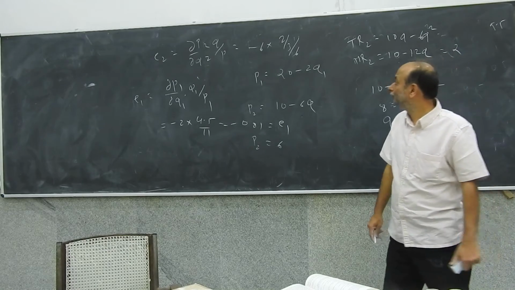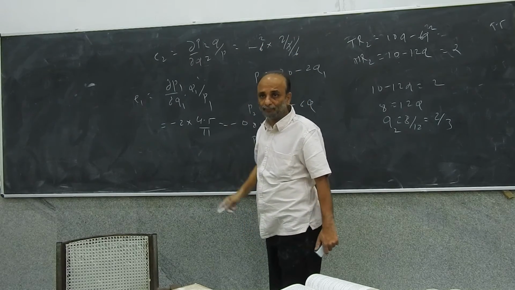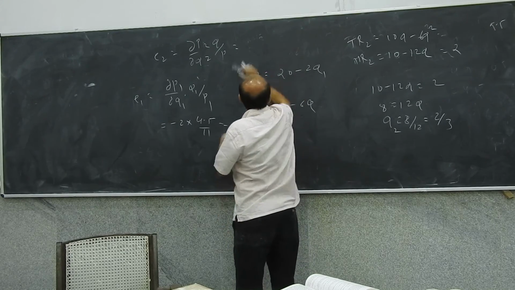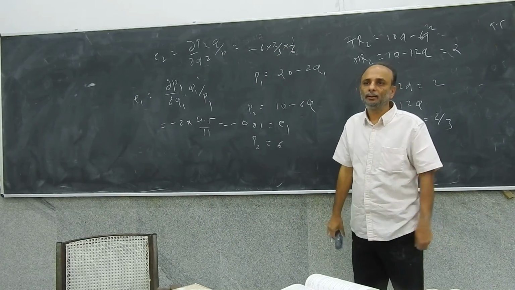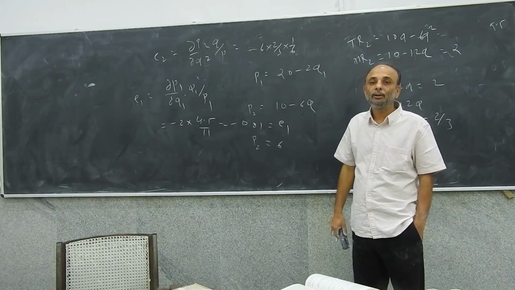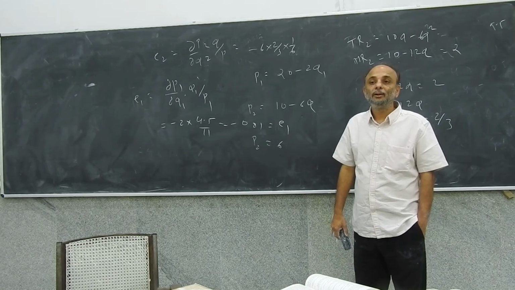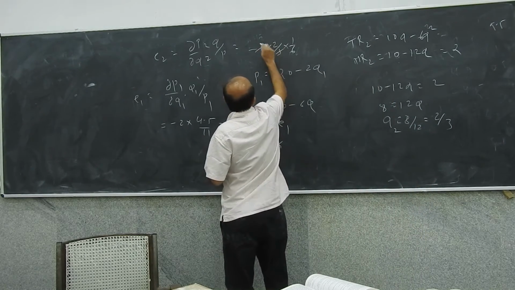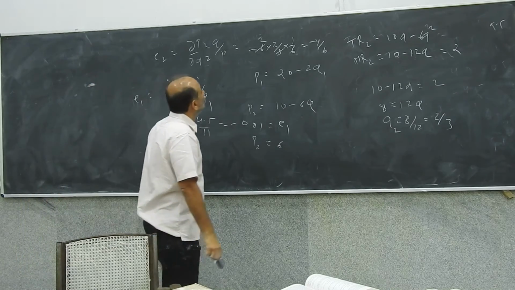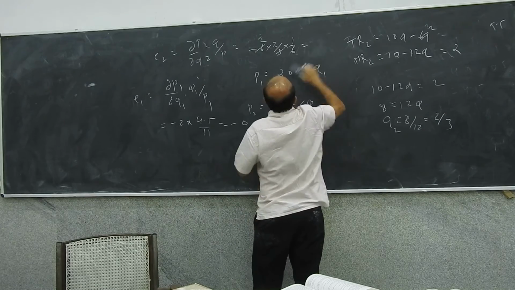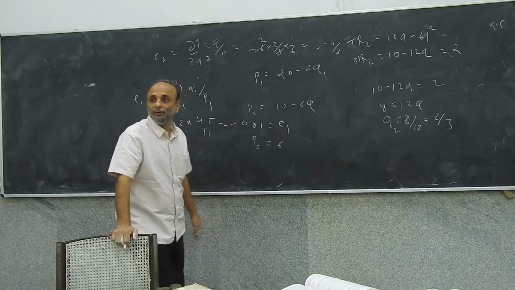It is 2 by 3 into 1 by 6, so minus 6 into that gives minus 4 by 6, which is minus 2 by 3.